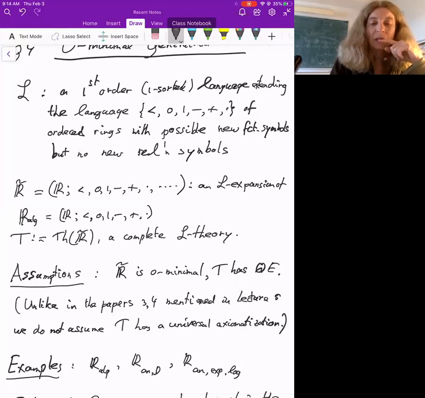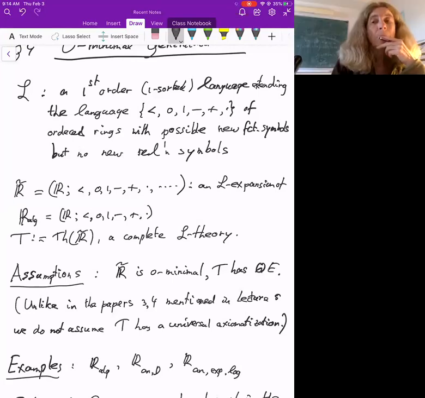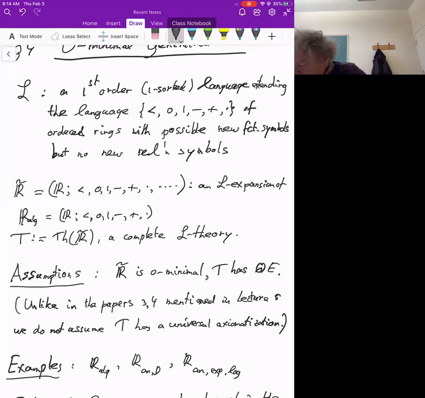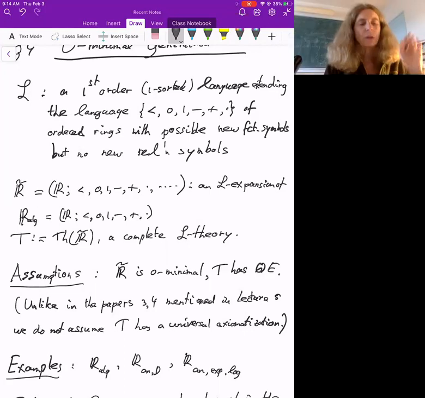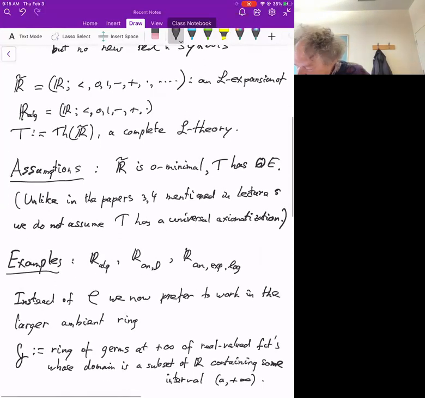I mean, for instance, in R_an,exp you don't have 1/2. Well, maybe indirectly. Oh no, in R_an and R_an,exp you have all the constants already, because they are special cases of restricted analytic functions. But that's another way that it's a little bit more general, although that's not very important.